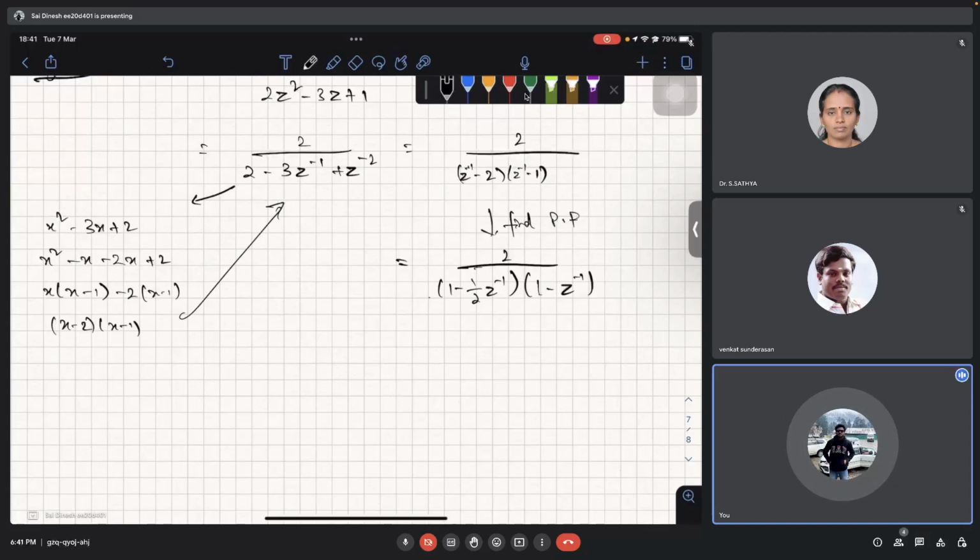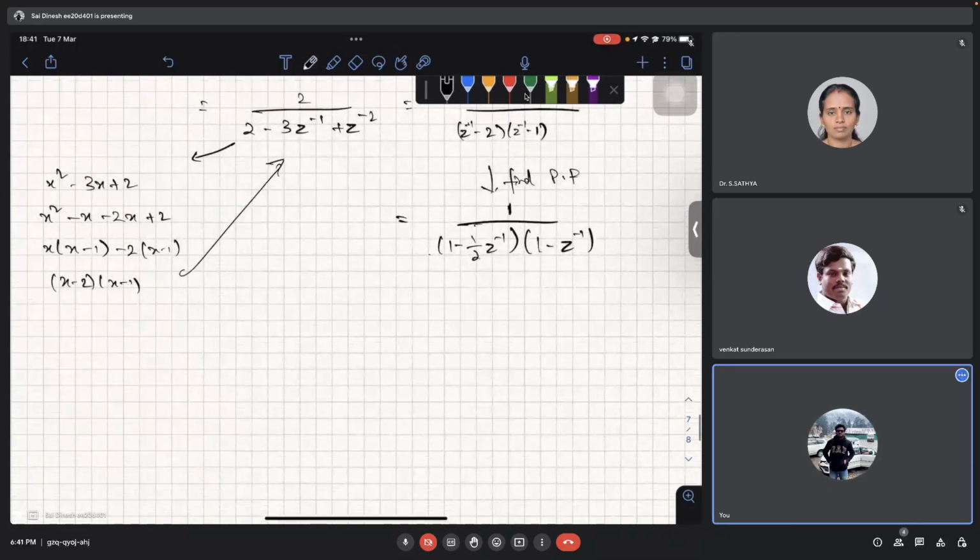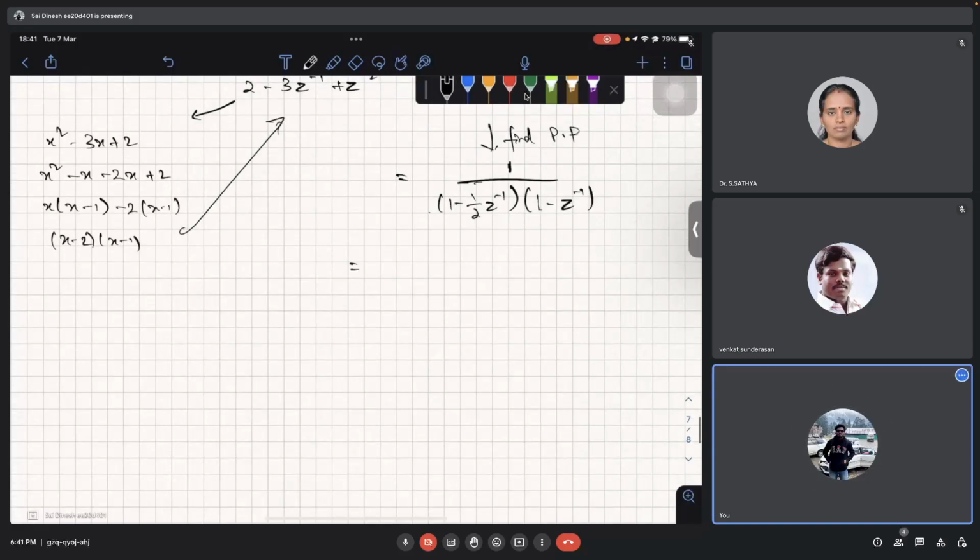Okay, so I factored out a minus term and a 2 term in the first part, so of this form. So now this will be a1 by 1 minus half z inverse, a2 by 1 minus z inverse.